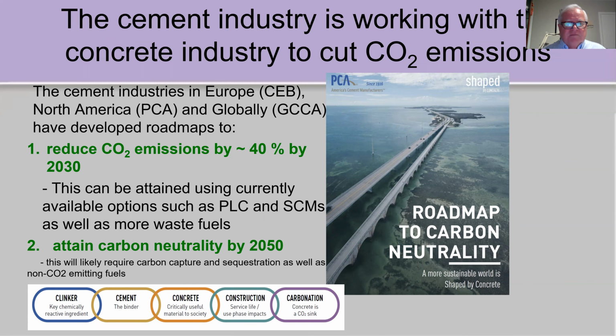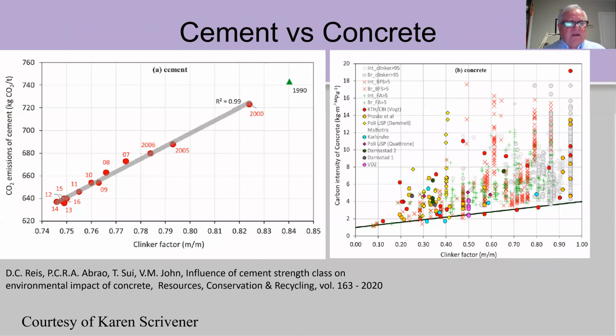And this is data, courtesy of Karen Scrivener, from a paper that was published a few years ago, showing that from 1990 standards, the cement clinker factor was about 0.84, on the left-hand graph, and it's steadily going down as time goes on. It's down in the 0.74 to 0.75 range now.